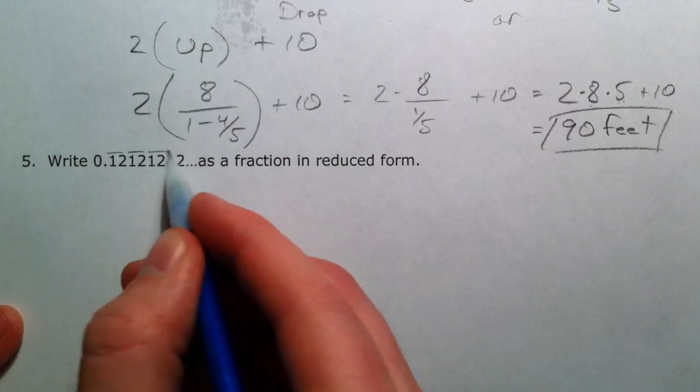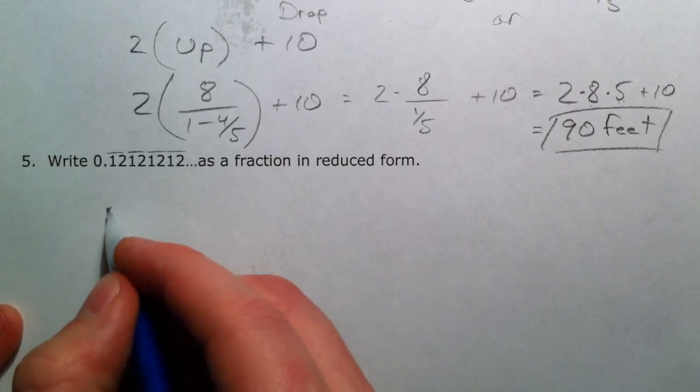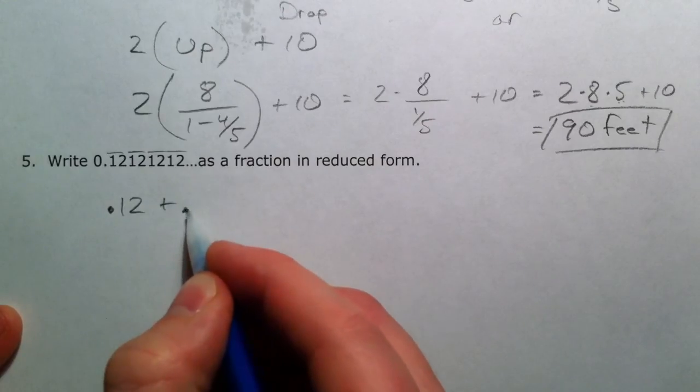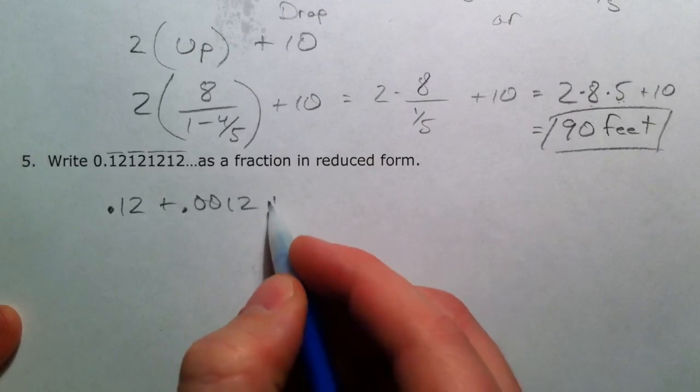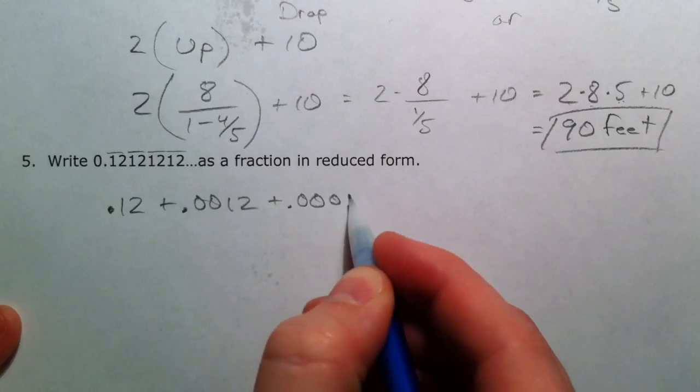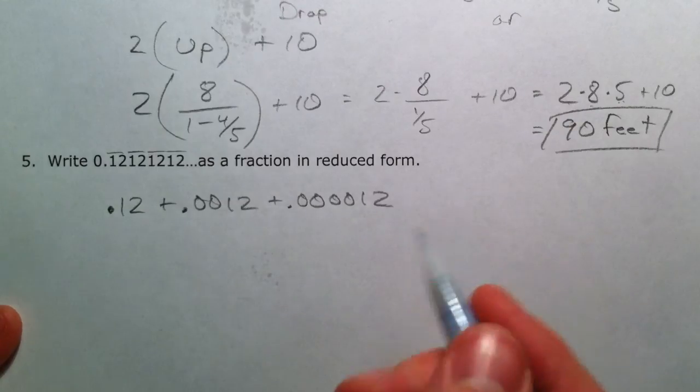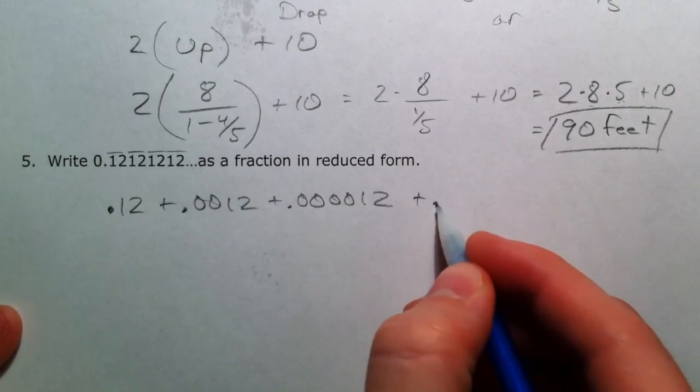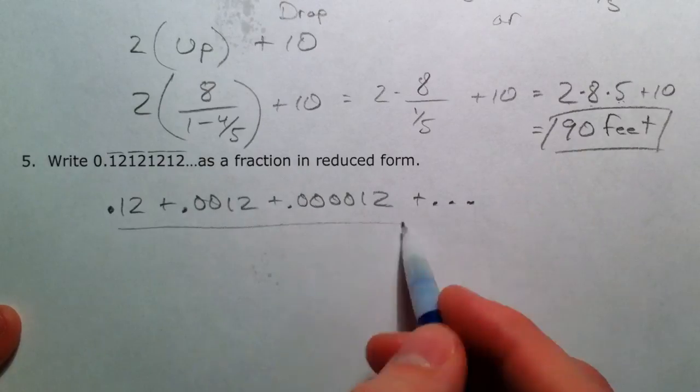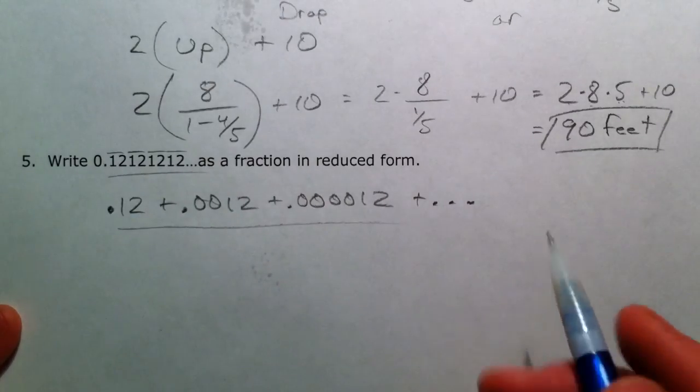Now, 0.12, 0.12, 12, 12, 12. So it's repeating. Think of this as a geometric series, because we're adding them up, that this is the same as this.